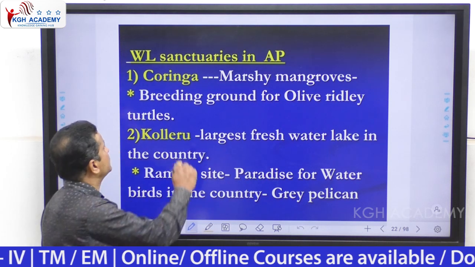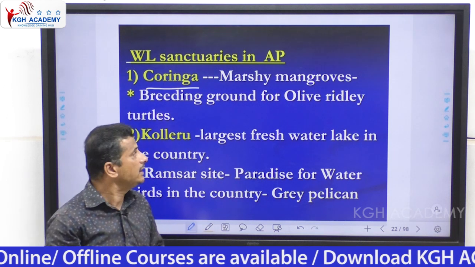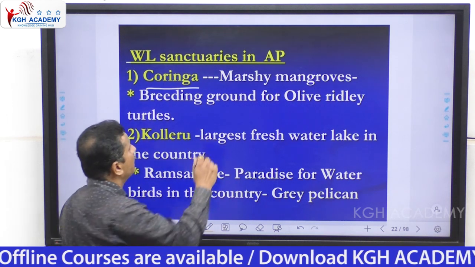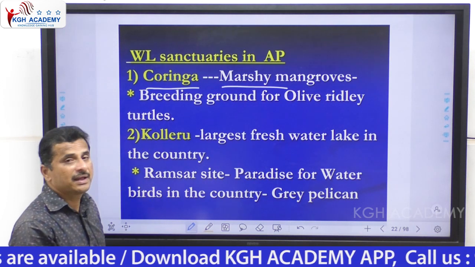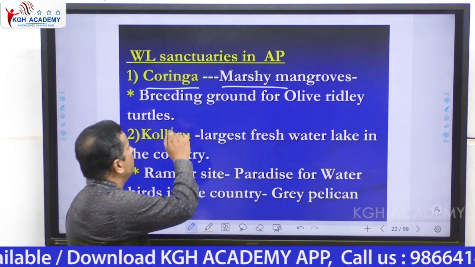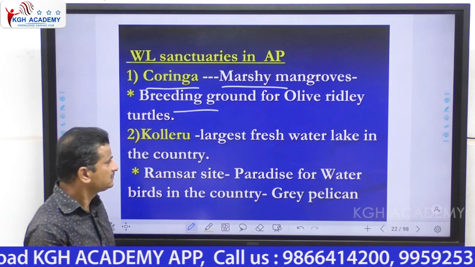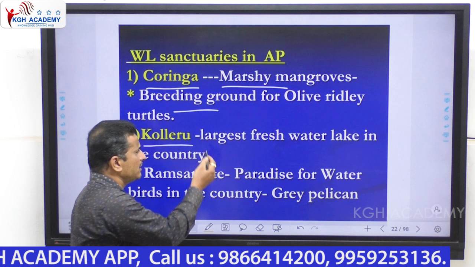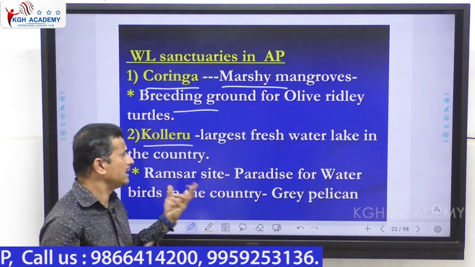First, Koringa. Koringa is a mangrove area, so this is a marshy mangrove wildlife sanctuary, especially a breeding ground for olive ridley turtles. Next, Kolleru, the largest freshwater lake in the country.